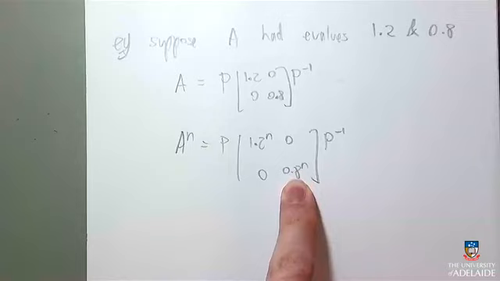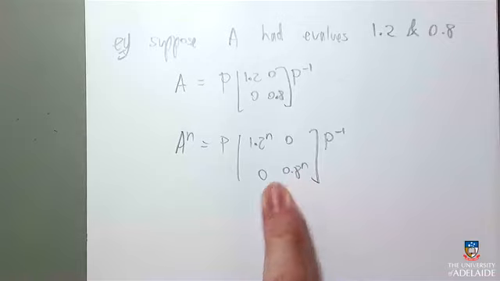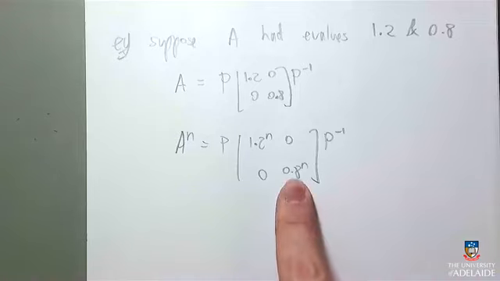Because a number that's less than 1, the bigger the power is, the closer to 0 it gets. Because imagine a half. Half times a half is a quarter, times a half again is an eighth, times a half again is a 16th, times a half again is a 32nd, times a half again is a 64th, and so on. And so any number, even if it's just 0.99, it will still eventually go towards 0. Beautiful.